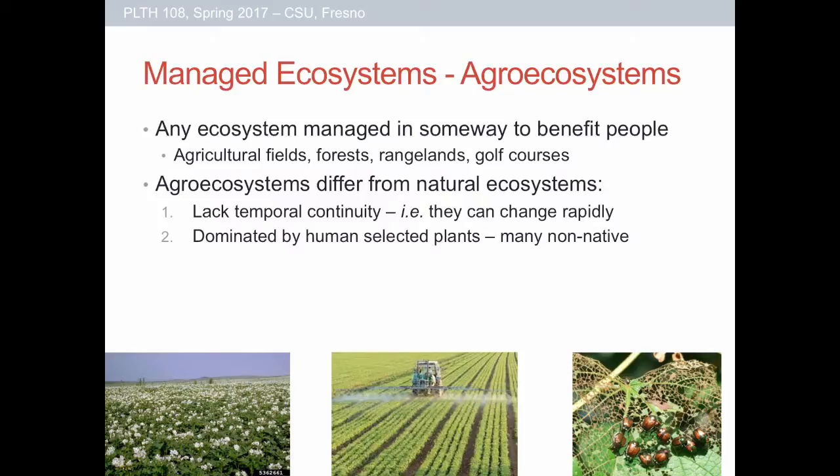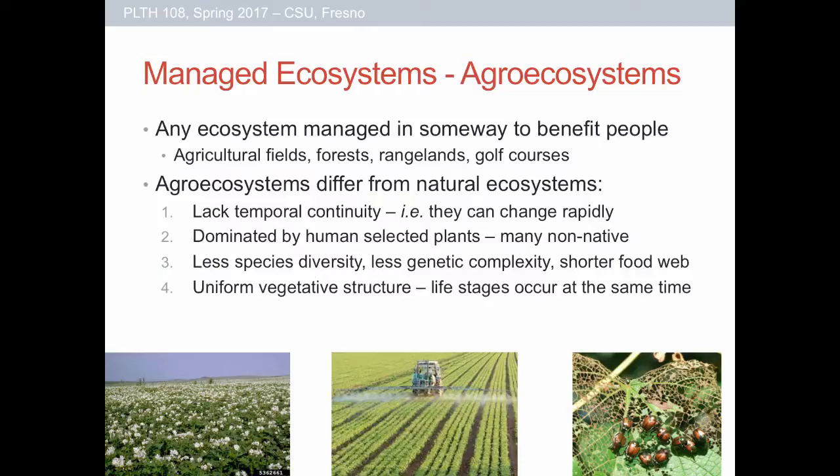And so you've got some really unique systems. There's generally less diversity, less genetic complexity, and shorter food webs. So generally the lesson here is that agroecosystems are less complex. You've got very simple plant structure, which translates into very simple herbivore structure, very simple predator structure, and so the food web doesn't get very big.